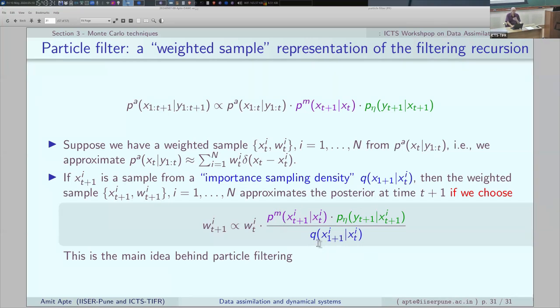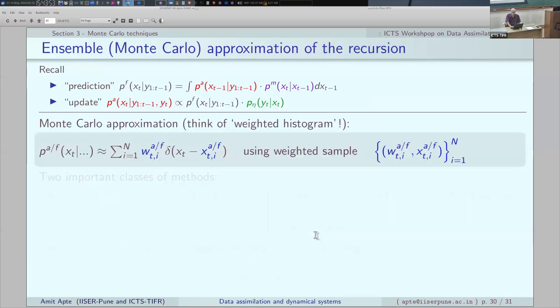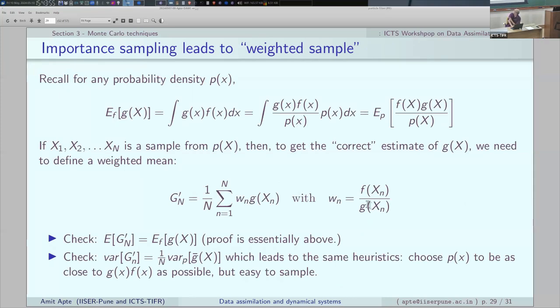Q is what is called the importance sampling density. Q is the importance sampling density that we actually happen to sample. So the density we want to sample divided by this Q is the factor that goes into the weight. This is exactly parallel to the weight formula that I wrote down here with a typo that I will fix.